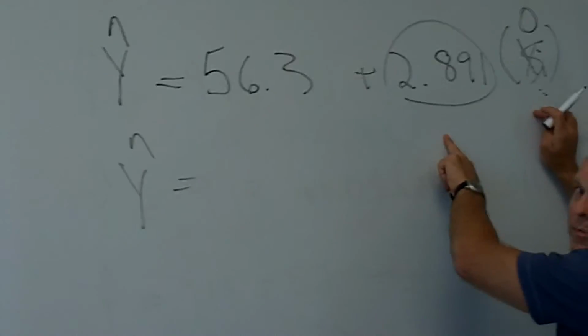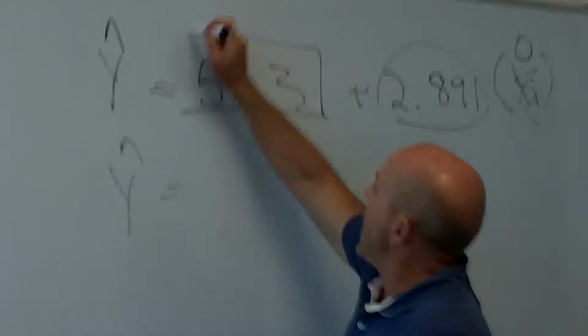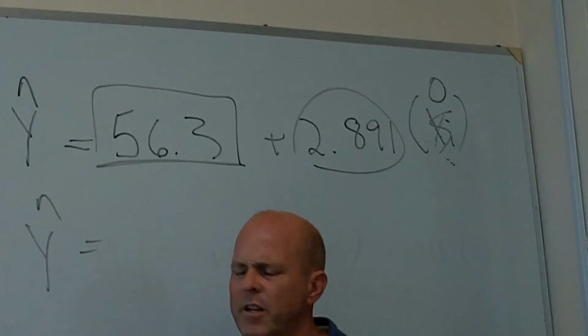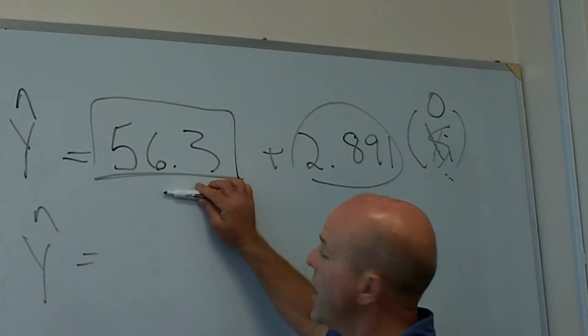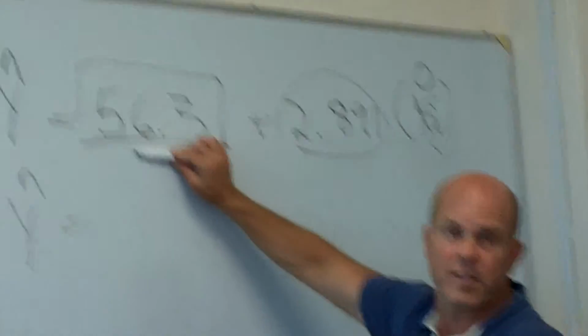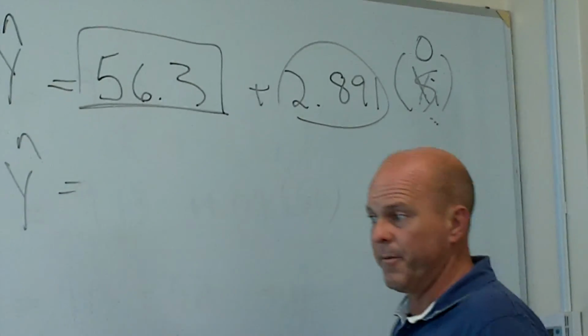We know that anything times 0 is 0. Therefore, the intercept or constant, I think SPSS is calling it the constant here, for men is 56.3. For women, it's 56.3 plus 2.891. So that's the way you would interpret a dummy variable.